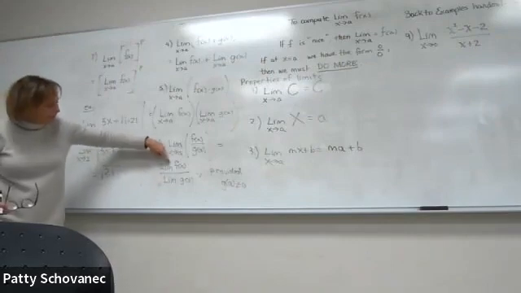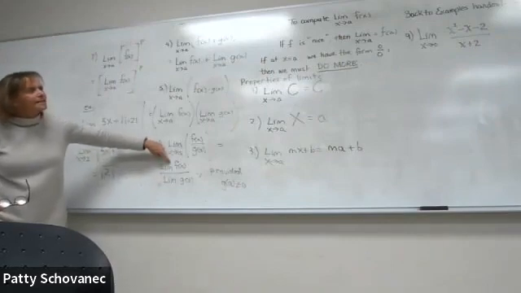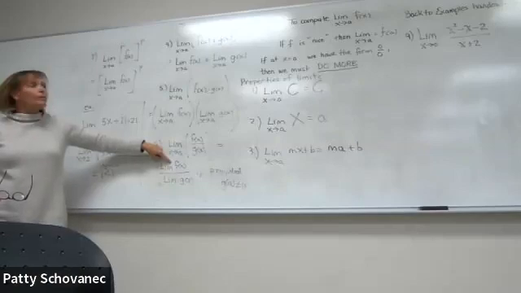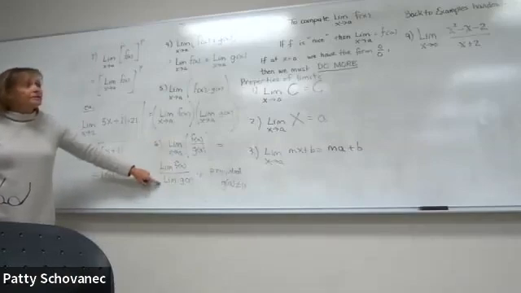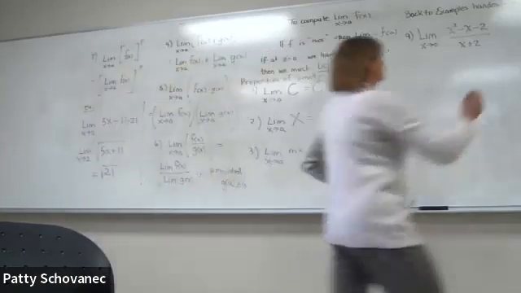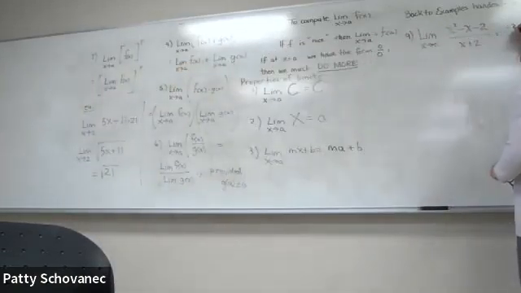I want to know what happens to x squared minus x minus 2 when x goes to 0. So you try putting a 0 in there. 0 squared minus 0 minus 2 gives me negative 2. On the bottom, x is going to 0, goes to positive 2. So I get a negative 2 over a positive 2. That reduces to negative 1. That's my limit.